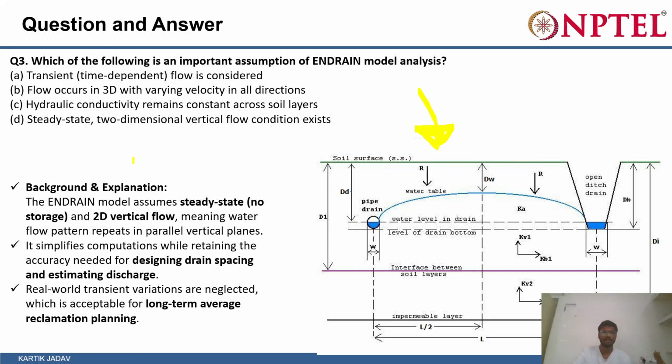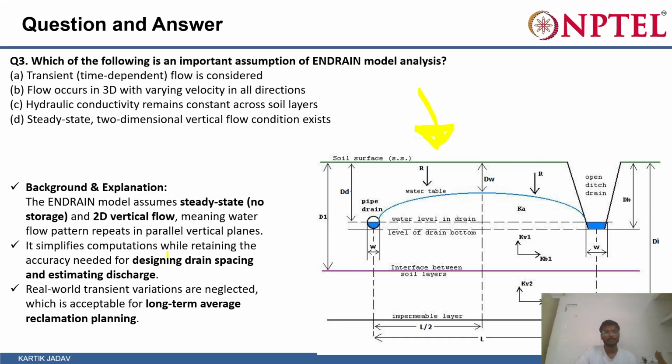The main or important assumption is that whatever simulation we are doing is in a steady state condition. It means there is no storage of water or energy. Also, the flow is vertical and two dimensional, not three dimensional, meaning the water flow pattern repeats in parallel vertical planes.